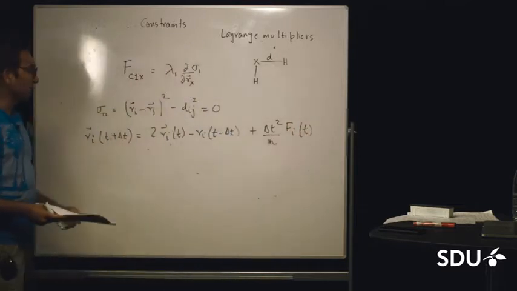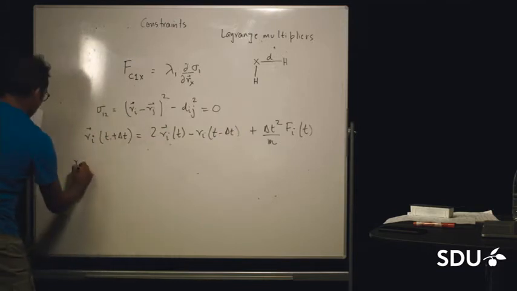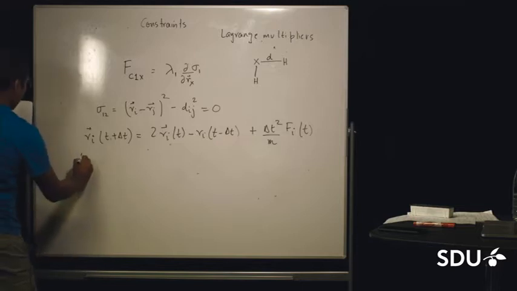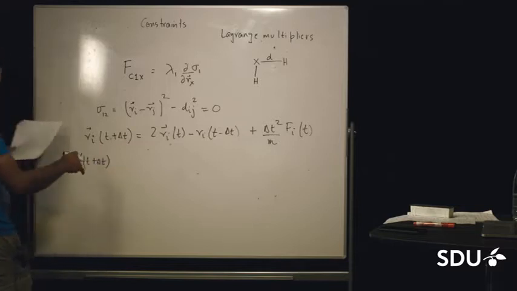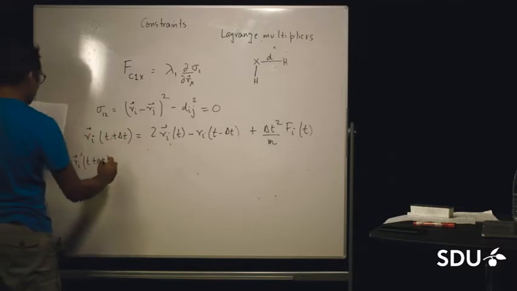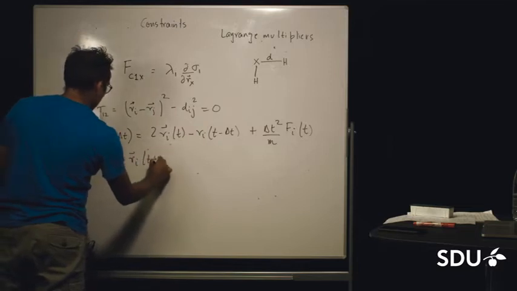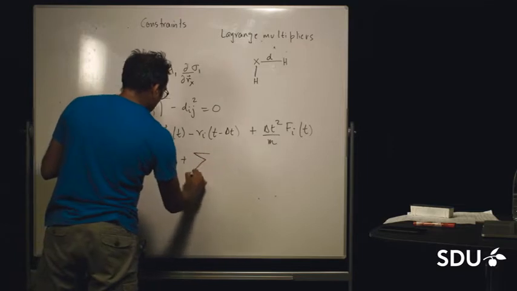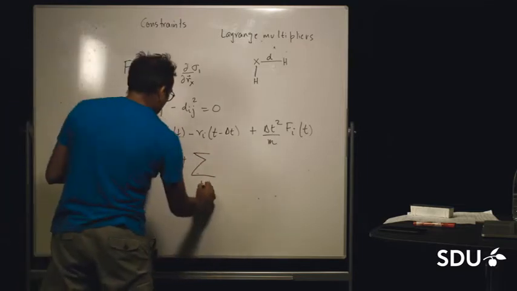So this is from the Verlet scheme. When you use Lagrange multipliers, then the new positions are slightly different, and we'll call them prime. And they are different because of the extra forces that arise because of constraints. And this is given by the old positions without constraints, plus the change in the positions because of all the constraints.